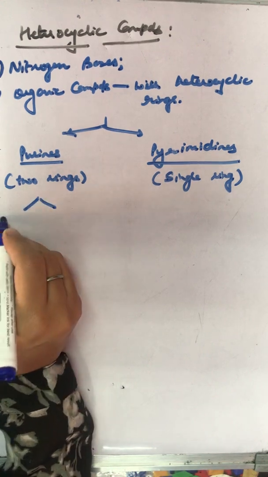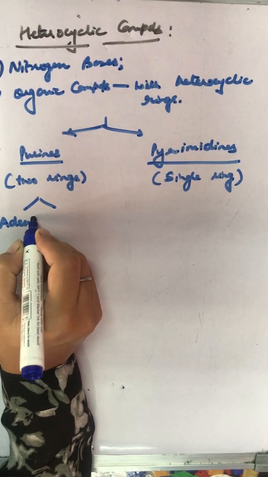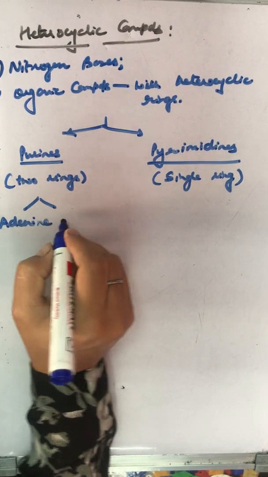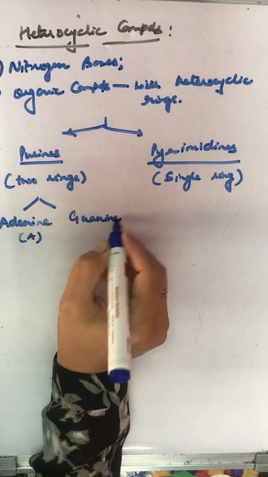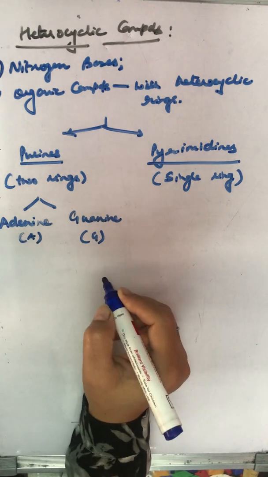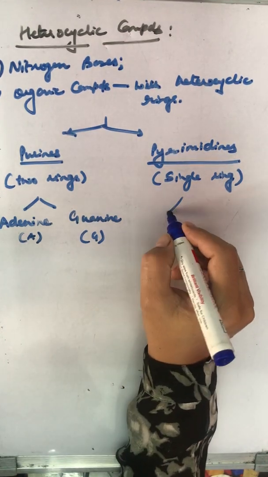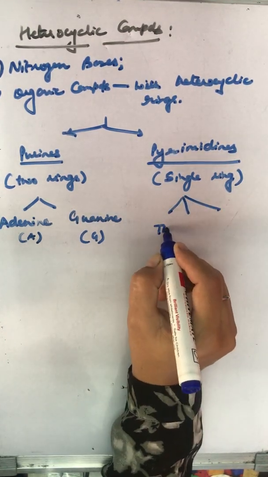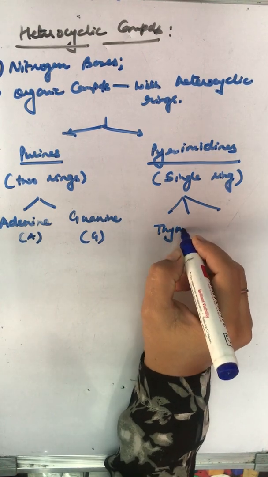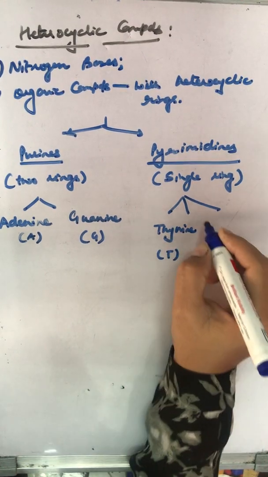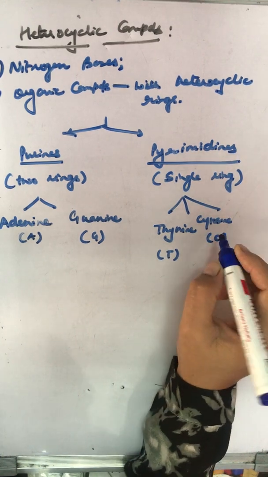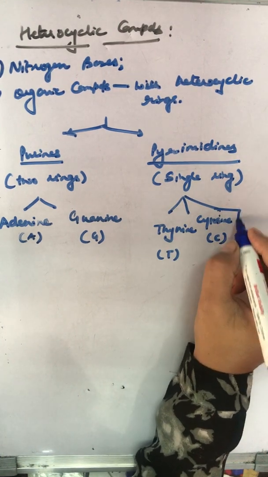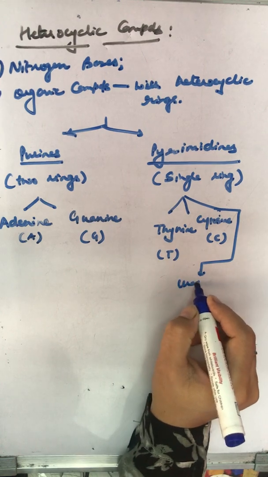Purines are further divided into two types, adenine and guanine. And pyrimidines are thymine, cytosine, and the third one is uracil.